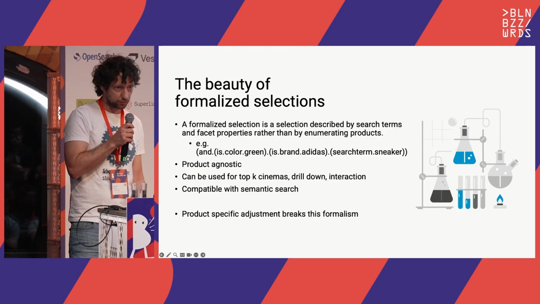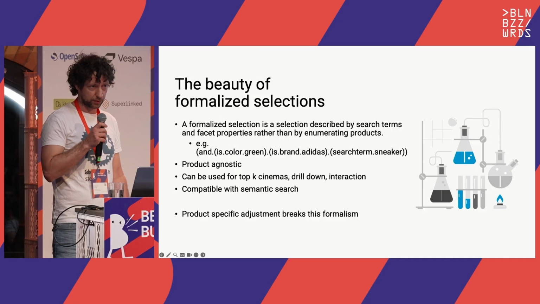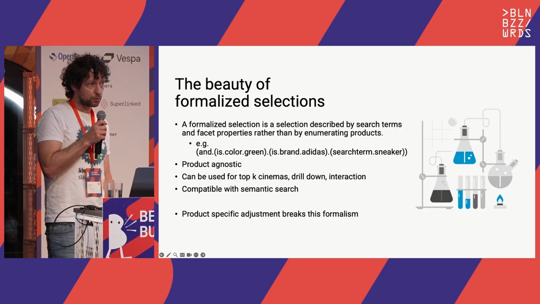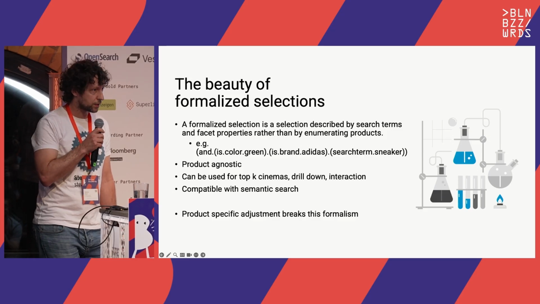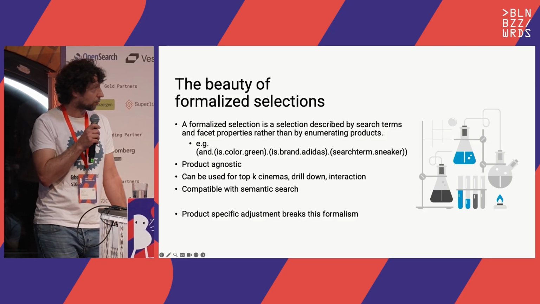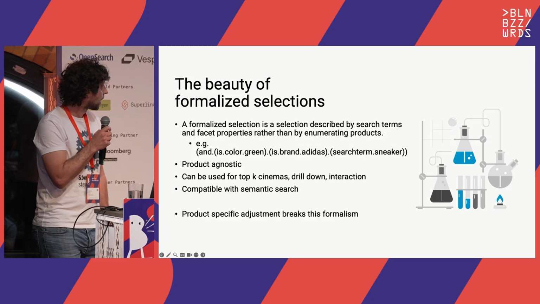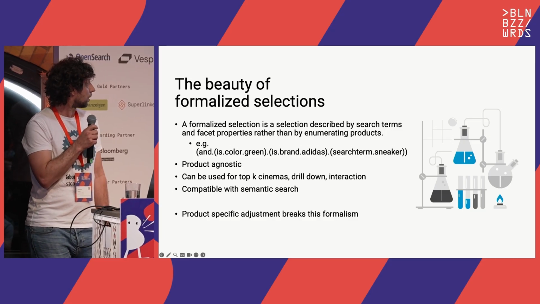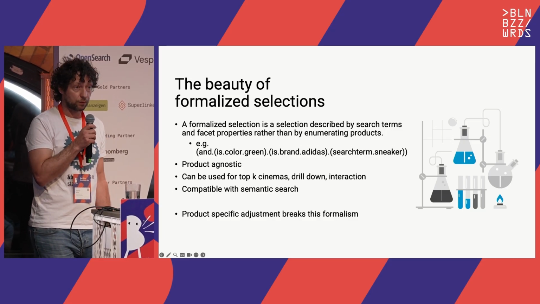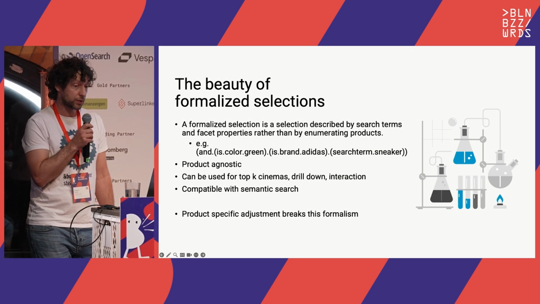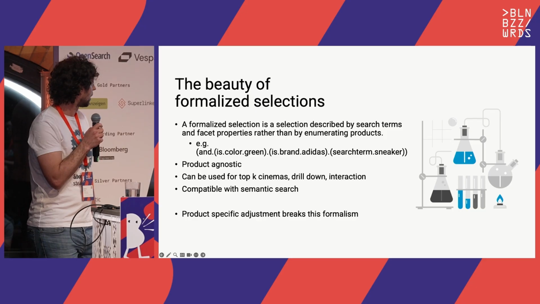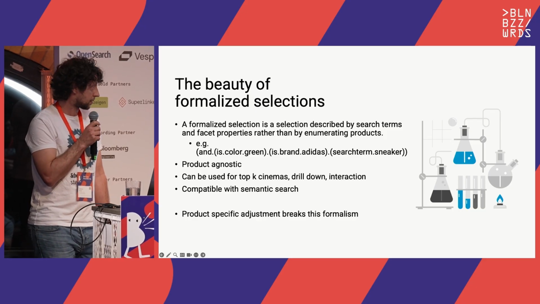If you think about your search engine, maybe Elastic, Solr, Vespa, you name it, you somewhat formalize your search using filters, keywords, and/or combinations, and this forms a selection. And it's kind of a pity if you then afterwards kick out products which are in those sets.